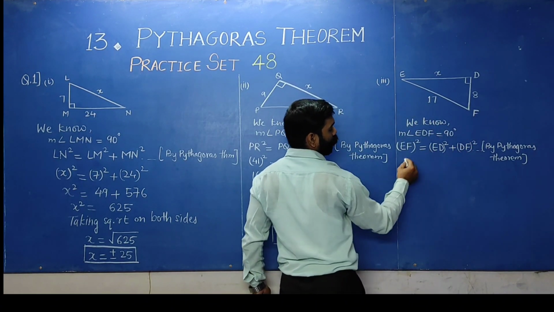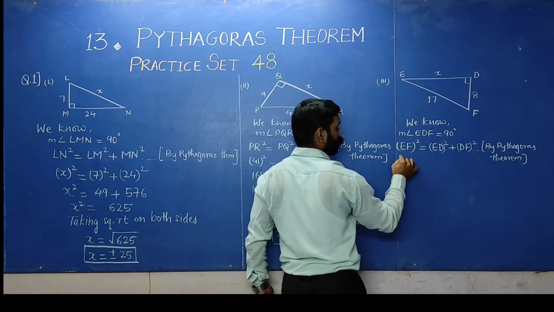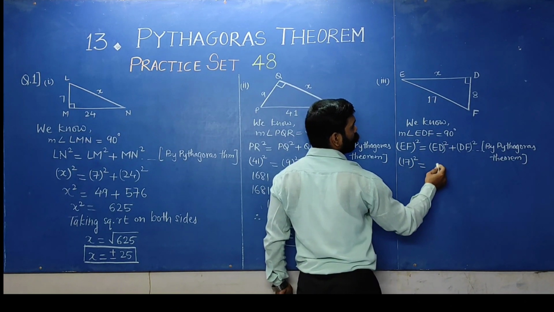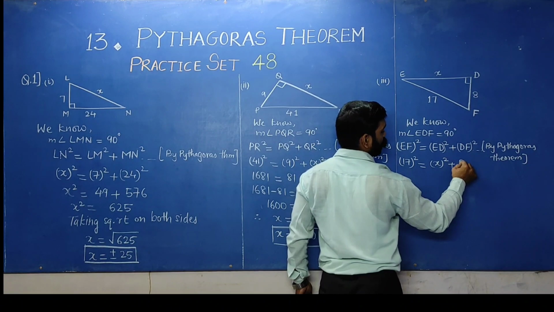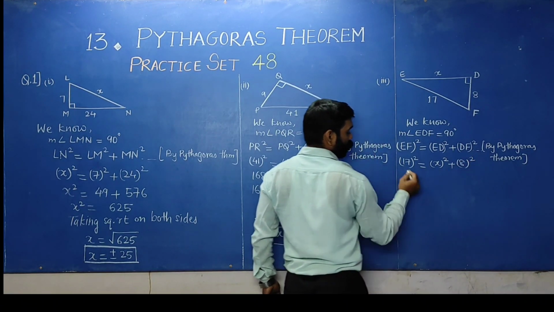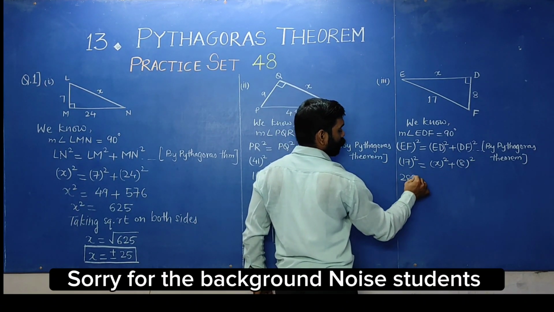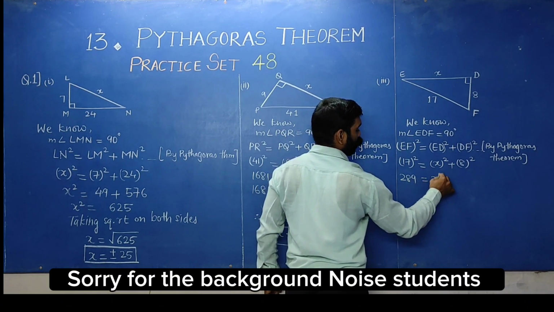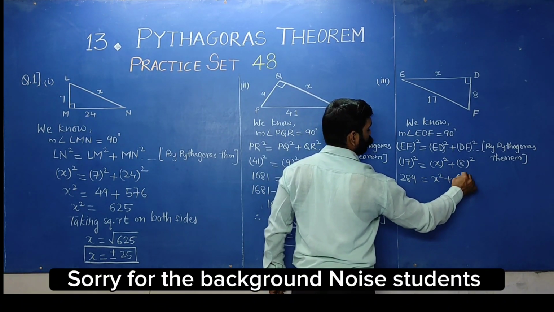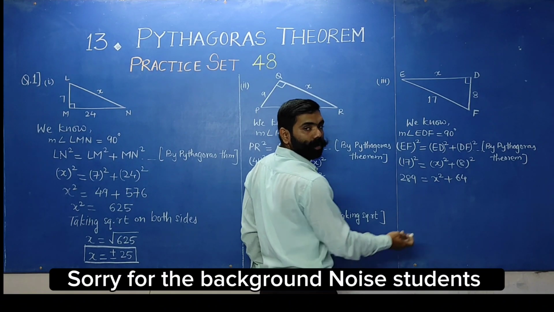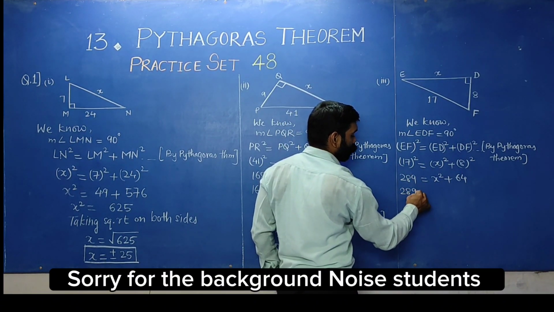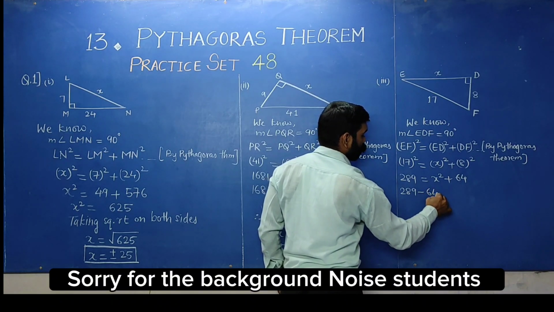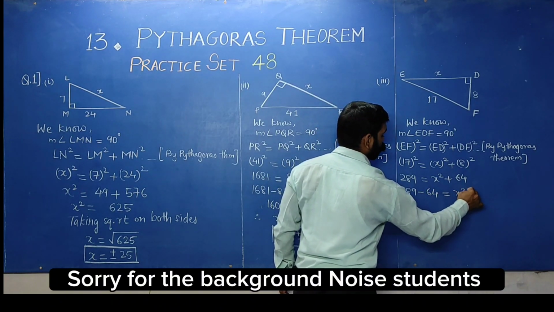what will be the EF square? EF is 17 square. ED is not given, it is x, plus DF is 8. 17 square is 289. x square is x square. 8 square is 64. So we are going to take 64 to the left hand side, it will become minus 64 is equal to x square.